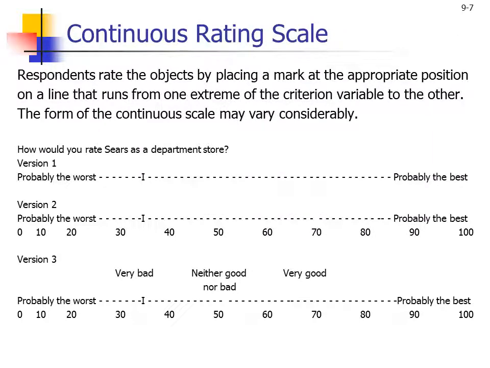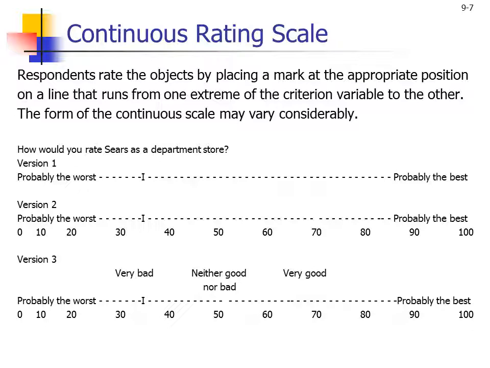In the continuous rating scales, respondents rate the objects by placing a mark at the appropriate position on a line that runs from one extreme of the criterion variable to the other. The form of the continuous scale may vary considerably as we show here in the figure.